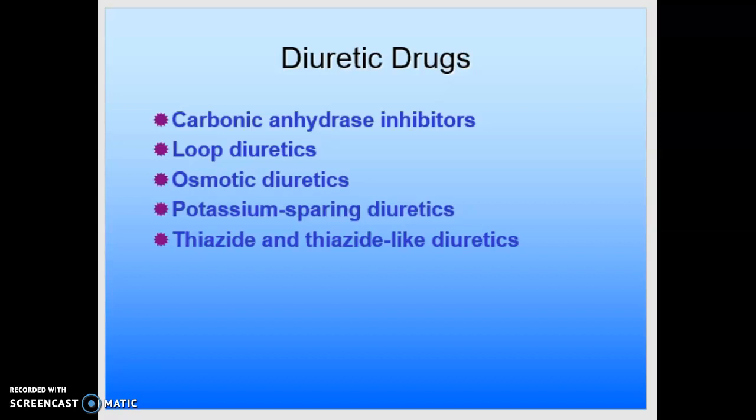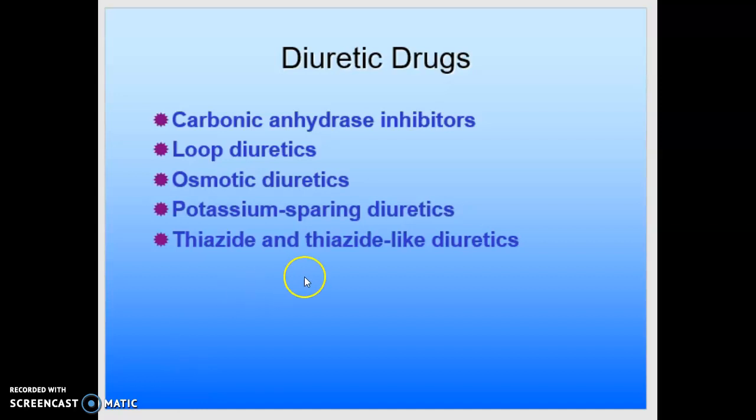They can also be used for things like pulmonary edema, liver failure, or cirrhosis. These fall into 5 different categories: carbonic anhydrase inhibitors, loop diuretics, osmotic diuretics, potassium-sparing diuretics, and thiazide-like diuretics.